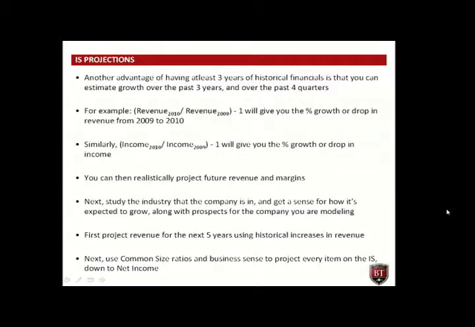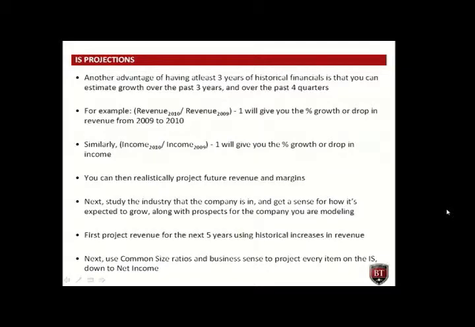Now, your revenue for 2010 divided by your revenue for 2009, if you take that ratio and subtract 1, you will get the growth or the drop in revenue that happened from 2009 to 2010. And so once you have a sense of whether the company is growing at a 2% top line rate or a 5% or a 20% rate, you can then realistically carry that forward in your projections.